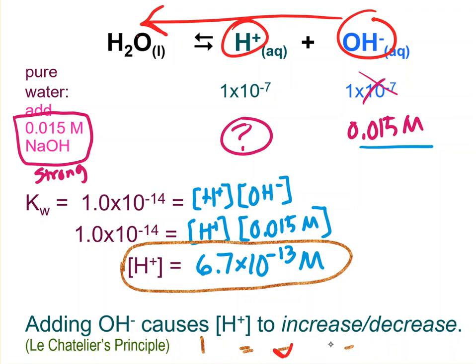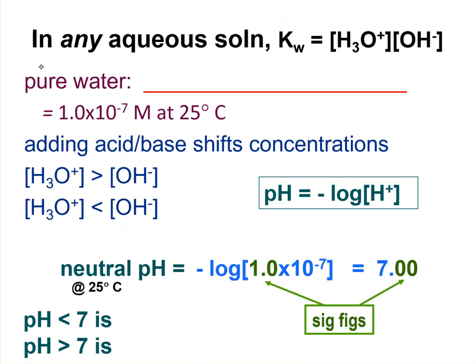But anyway, let me answer this question down here at the bottom. Adding hydroxide causes the hydrogen ion concentration to decrease. In the aqueous solution, we have this equilibrium constant that's always important. Remember that this hydronium ion and the hydrogen ion are the same thing. So they're always present.